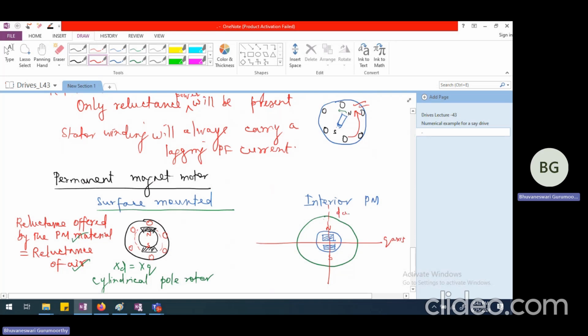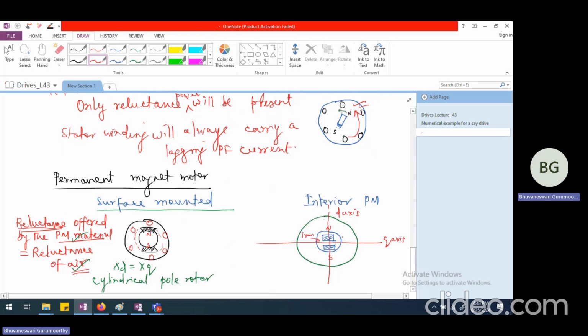And along the direct axis, because these magnets are embedded, the magnet generally is going to have very, very high reluctance, very similar to that of air. Whereas here, this is all iron. These are going to be iron.